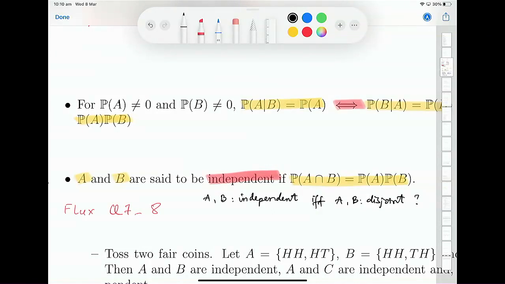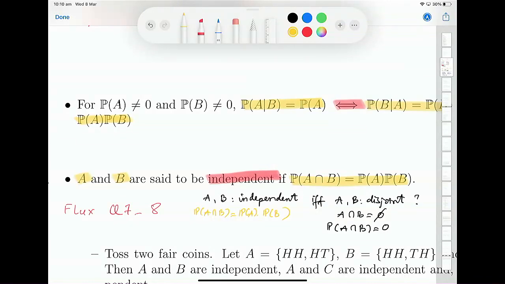When A and B are disjoint, which means that A intersect B is an empty set, the probability of A intersect B is 0, right? And from the definition of independence, A and B are independent when the probability of A intersect B equals the probability of A times the probability of B.